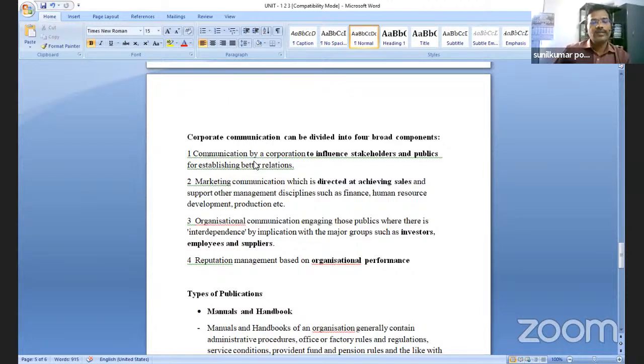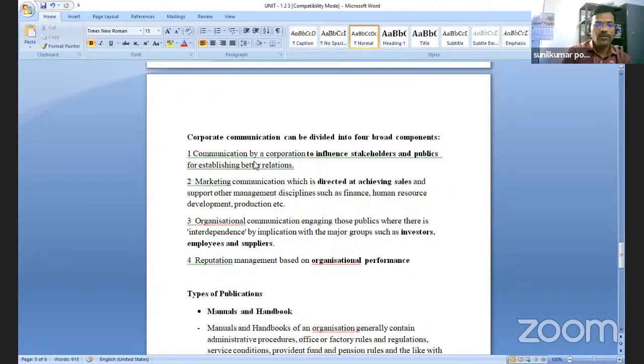Number 2 is marketing communication, which is directed at achieving sales and supporting other management disciplines such as finance, human resource development, production, etc. Number 3 is organizational communication, which engages those publics where there is interdependence with major groups such as investors, employees, suppliers, wholesale dealers, retail dealers, all this we know.